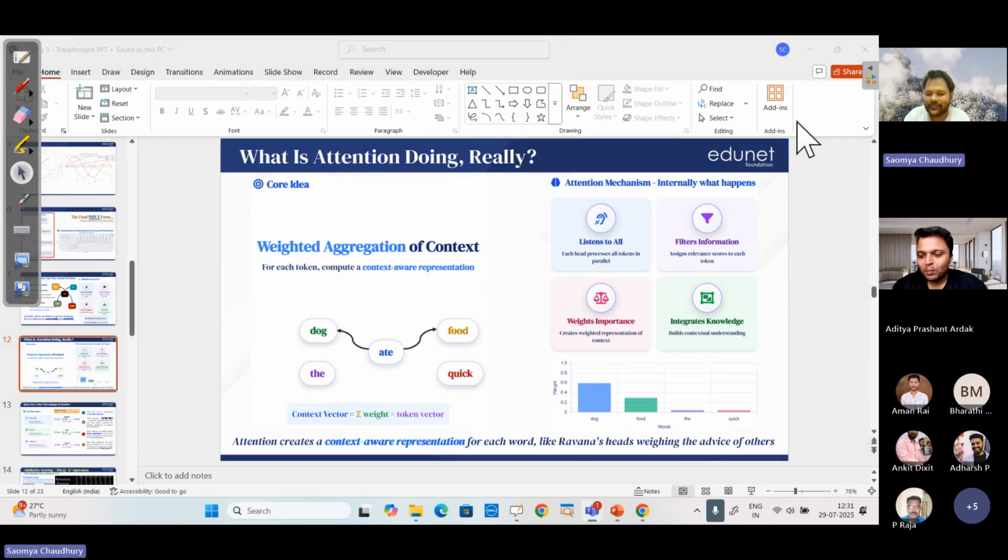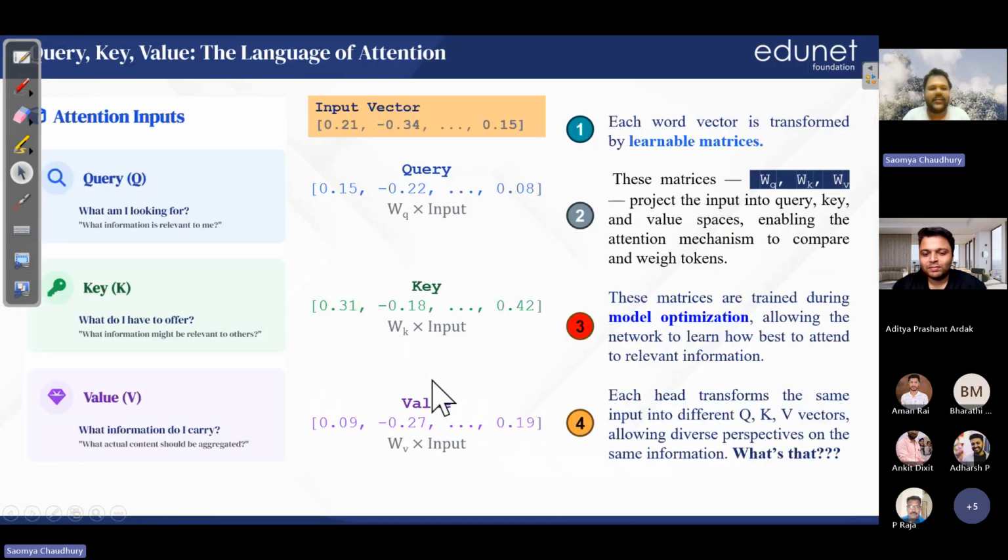All right, brilliant. So next, moving forward, let me go to the next. Now, here's the thing, guys. Here's the interesting part. All the things which you talk about in the attention mechanism are divided into three distinct things: query, key, and value.